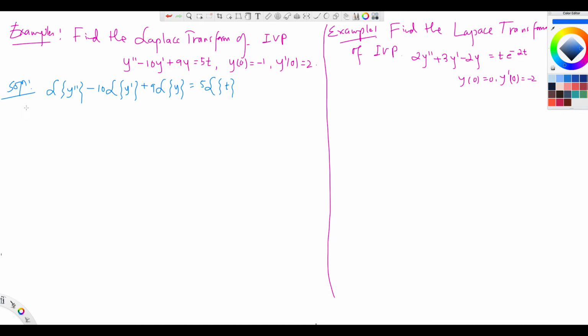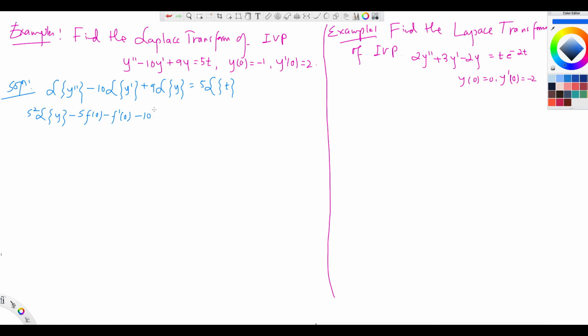Basically it is s squared times the Laplace transform of y, and then minus s times f(0), and then minus f prime(0). This is the Laplace transform of y double prime, just the formula. And then minus 10 times, what is the Laplace transform of y prime?